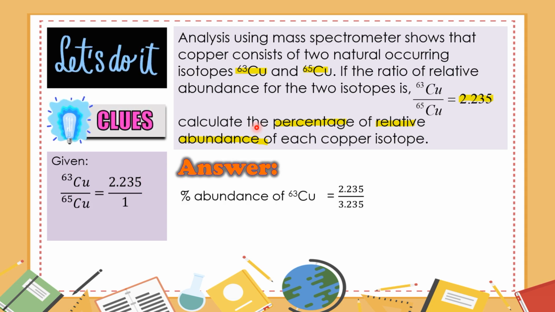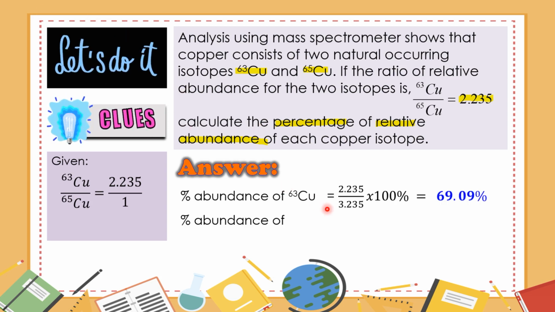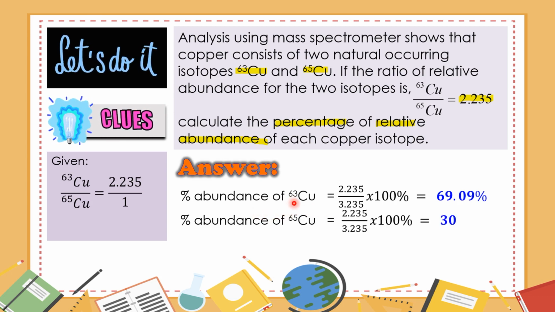So what can you do here? We just take the ratio of copper-63 divided by the total ratio times 100%, and the answer is 69.09%.